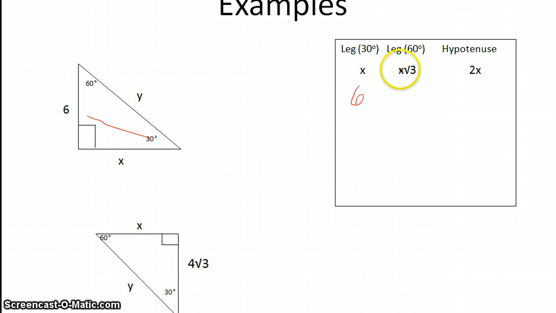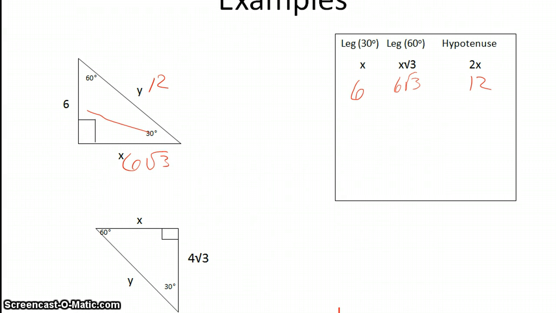So if x is 6 for my short leg, then my long leg will simply be 6 times the square root of 3, and my hypotenuse will be double the x, or 12. And you can come over here: your y is the hypotenuse, so your y is 12, and your side across from the 60 is 6 square root of 3. And you've got it.